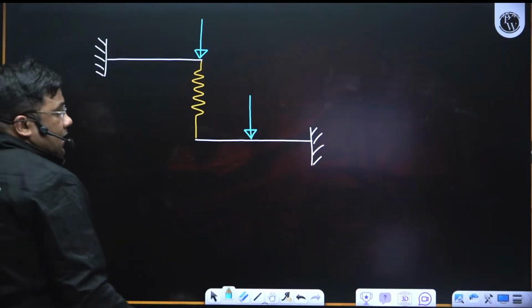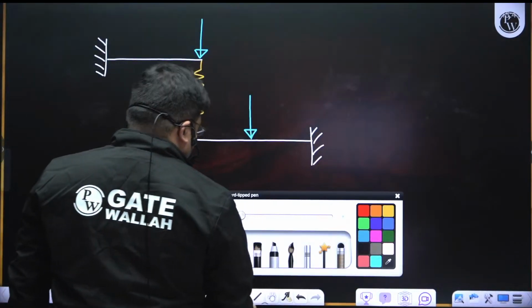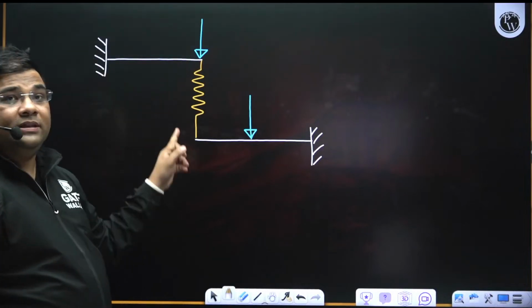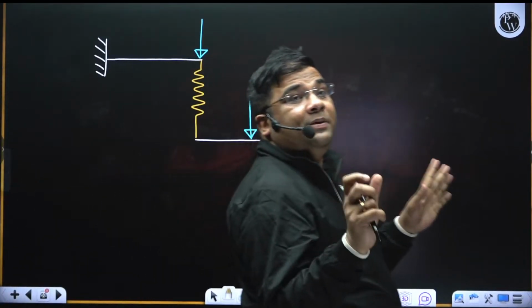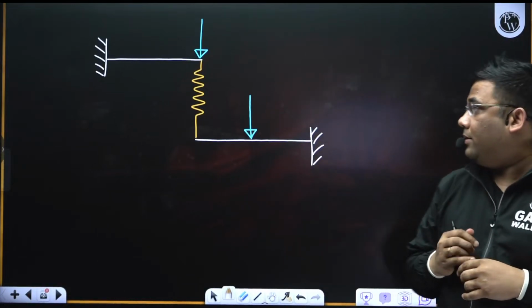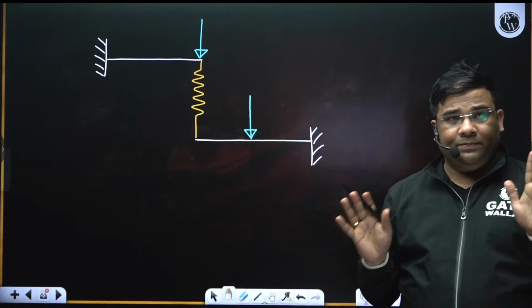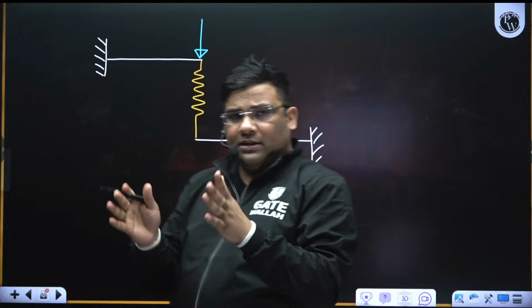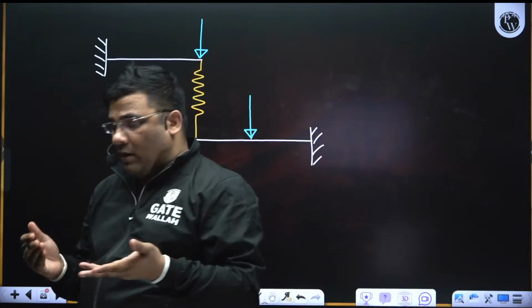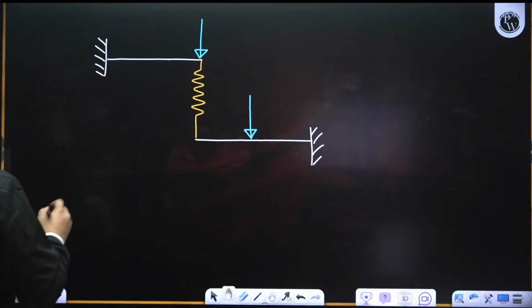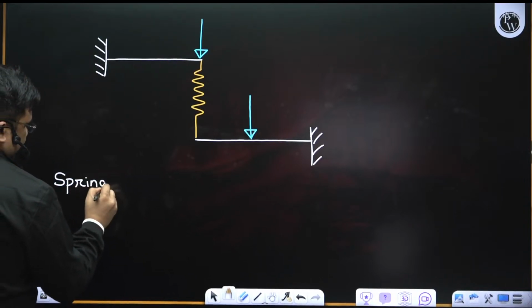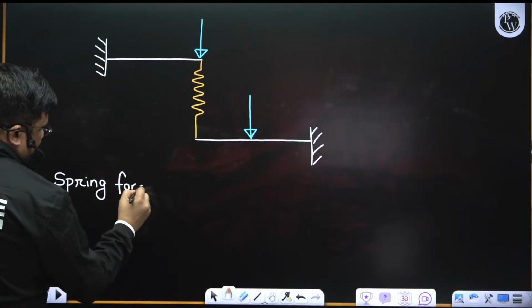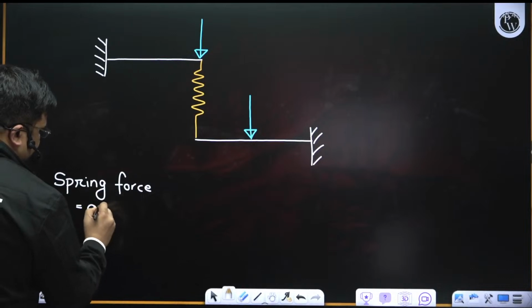Now they are telling that the force in this spring becomes 0. When will the force in the spring become 0? You tell me. In a spring, if there is no force acting, what does that mean? What is the indirect meaning of spring force 0?